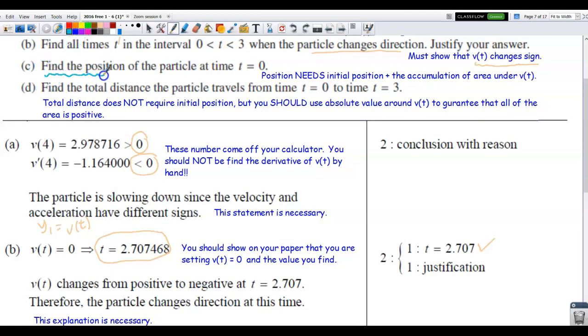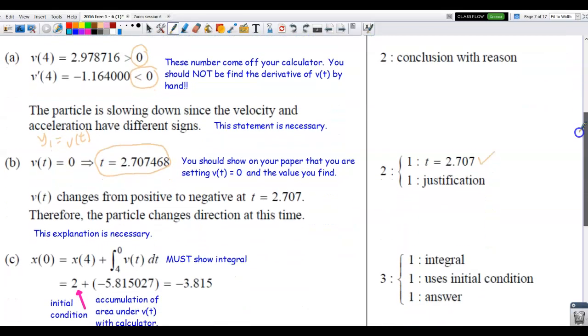Find the position of the particle at t equal to 0. It's important to remember that when you're finding position, position needs the initial position plus the accumulation of area under v(t). So let's take a look at our answer.